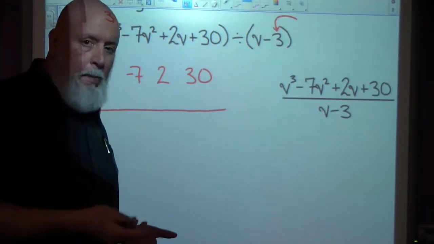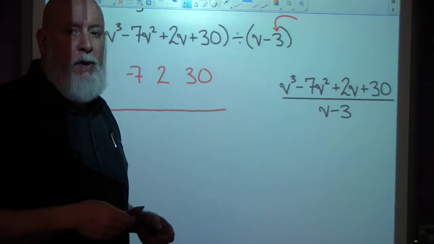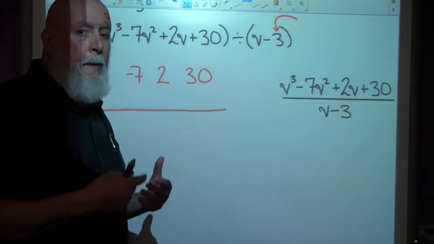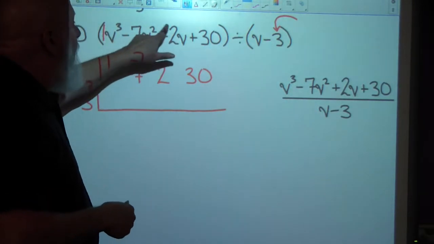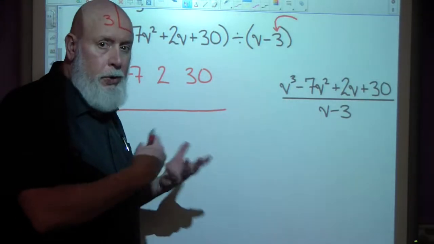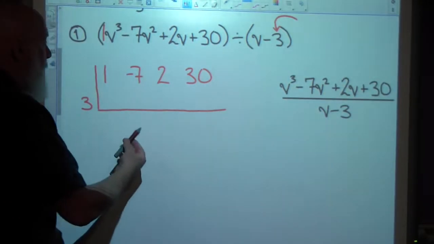What I'm going to do is follow a pattern, and it'll be the same pattern over and over again, and when I get done, I'll be looking at the coefficients of my answer, my quotient, okay? So here's the pattern that I'm going to follow.